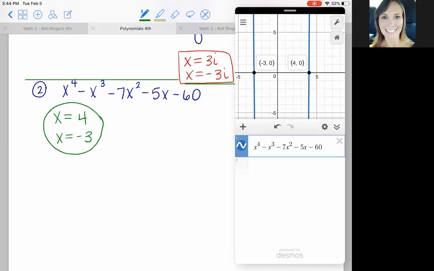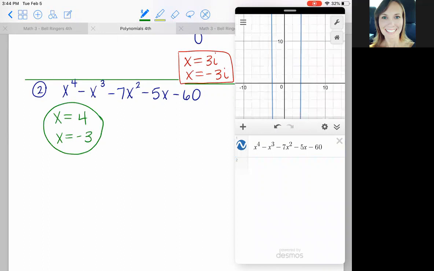The fact that I can see these 2 on my graph, and the only 2 that I can see, I know that I have 2 real solutions. And in total, I should have 4 solutions because I have an exponent of 4. So if the question I'm asking you is solely how many real solutions there are, you would be able to tell me that there are 2 real solutions and 2 imaginary solutions, because to get to 4, I'd have to have 2 imaginary.